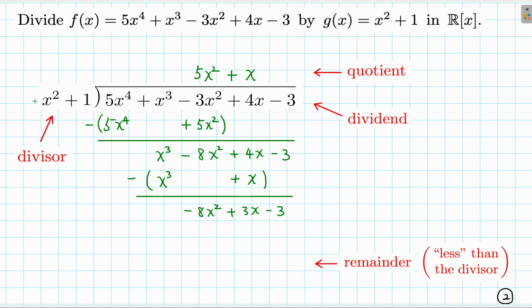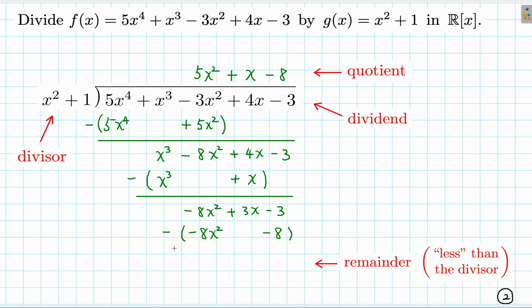And then we say, how many times does x squared plus 1 go into minus 8x squared plus etc.? Well, that'll be negative 8. And then we have minus 8x squared. And then minus 8. So let's line them up right here. And then we're going to subtract once more.